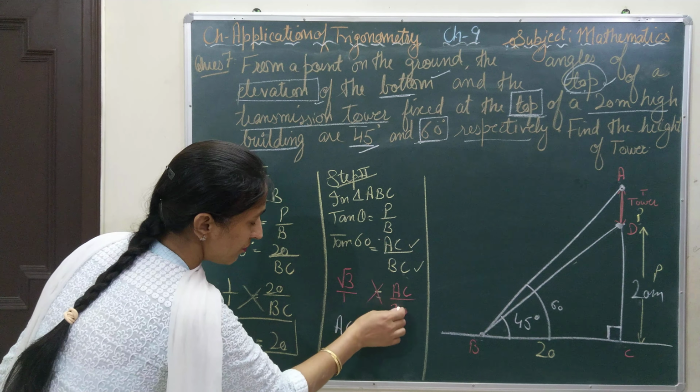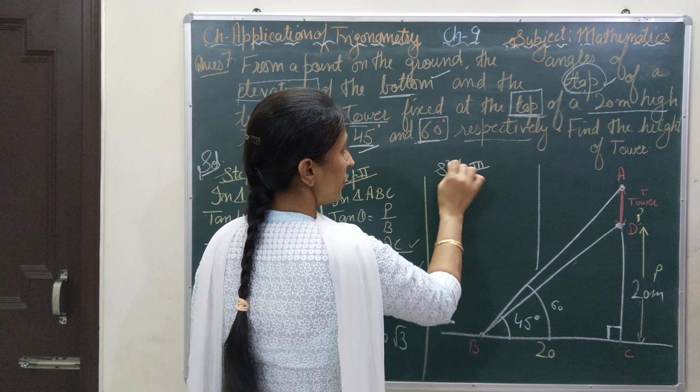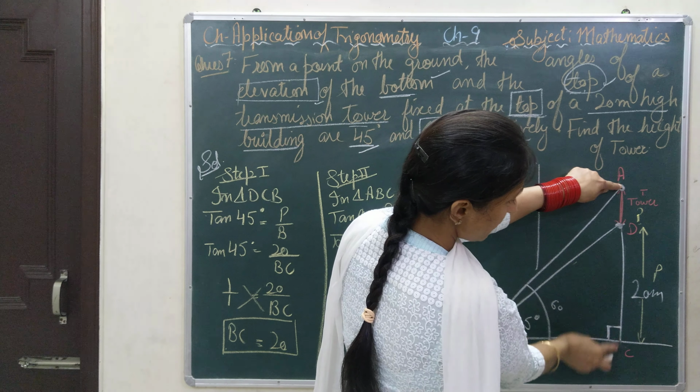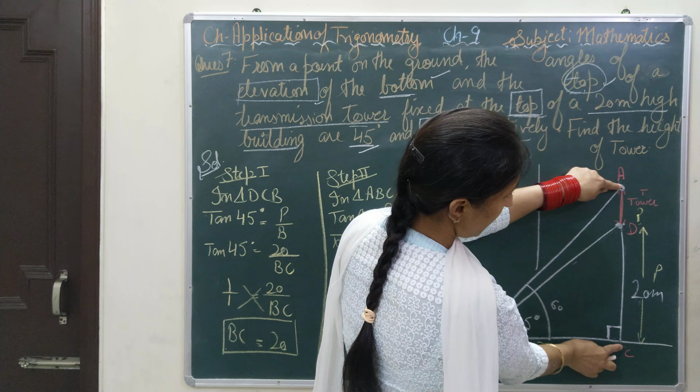Now this is step 3 of the question. Here you need to find AD, and to find AD I will subtract DC from AC. From AC I will be subtracting this height and I will be left with the AD height, which will be the height of the tower.